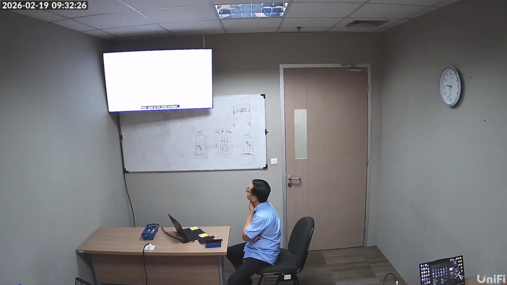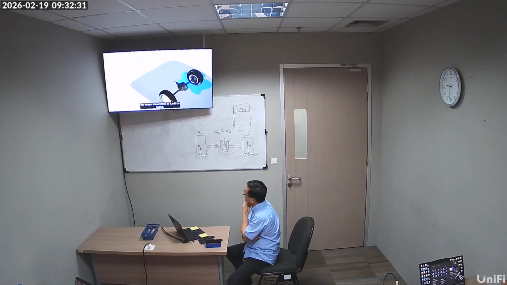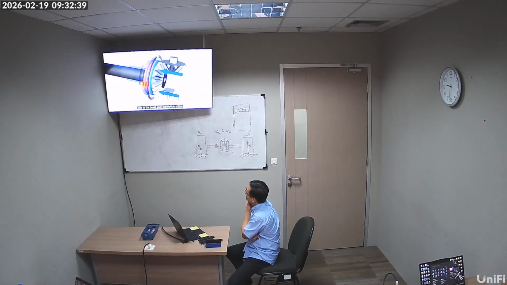Now back to the initial problem. Since one wheel is on a high traction surface, the torque transmitted to it will be higher. So the thrust force developed due to the bevel gear separation action also will be high at that side. Thus, the clutch pack at the high traction wheel side will be pressed firmly, and the clutch pack will be locked.